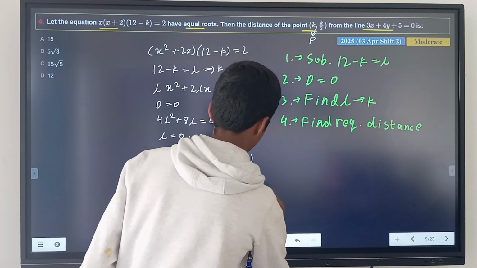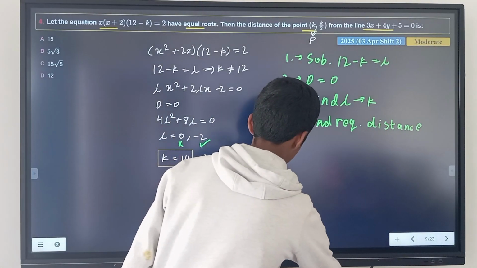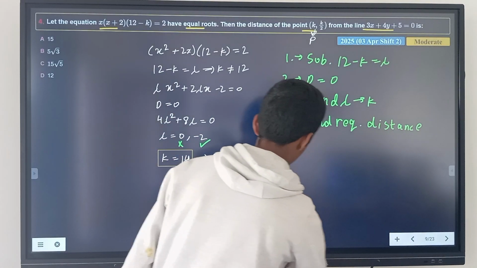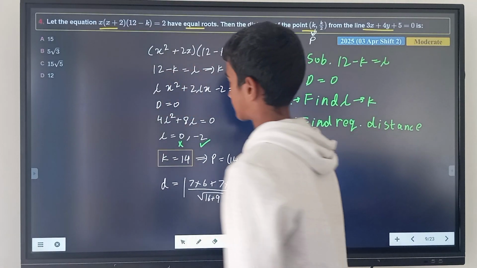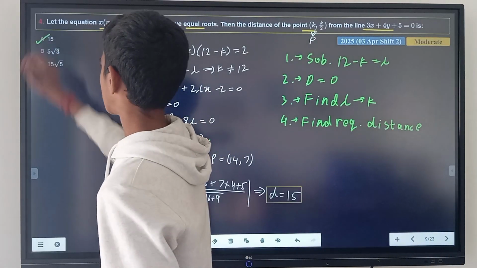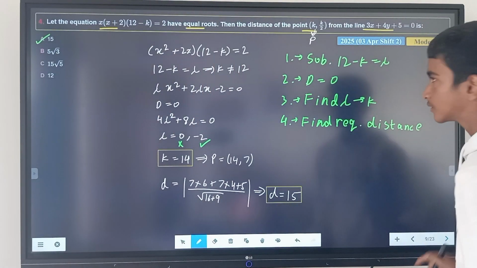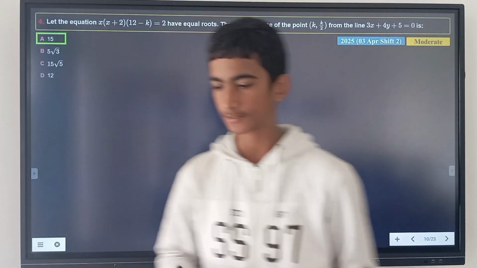From here we will get the distance is 15. From here we will get our answer is option A. And here is our solution, and we can see that our answer is correct.